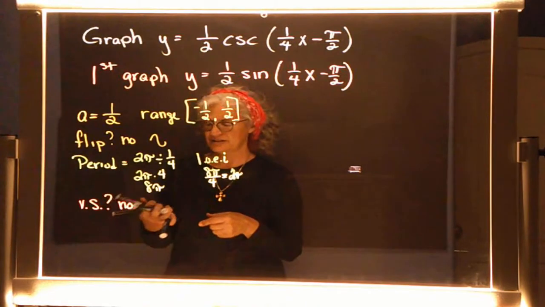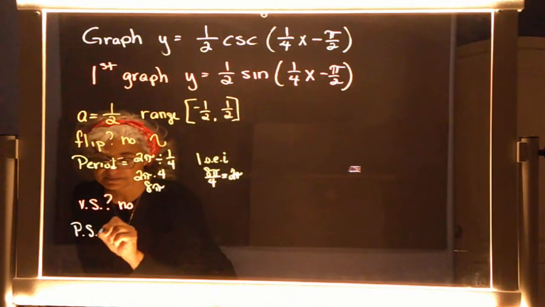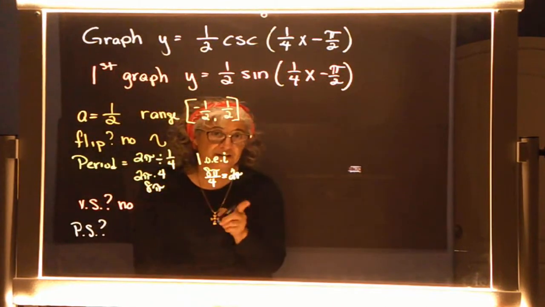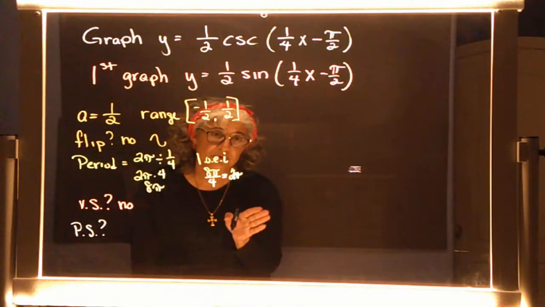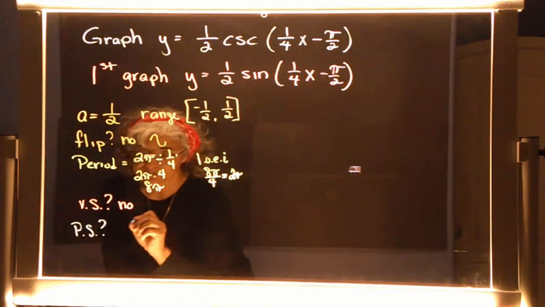And last but not least, I've got to see if there's a phase shift. Remember how you find that. The normal circle goes from 0 to 2 pi, correct?